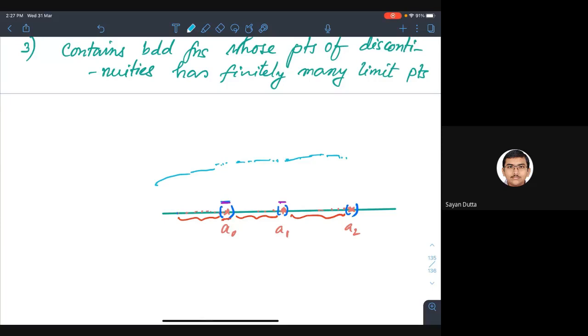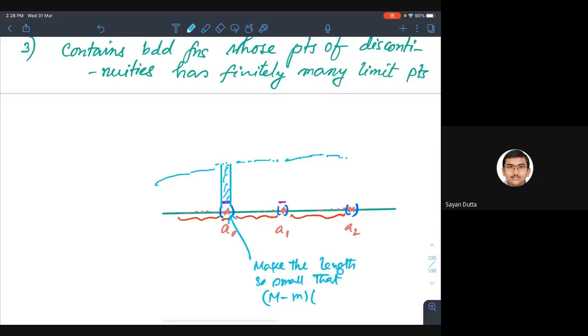But this part, we will make the length so small that capital M minus small m times the length is small.